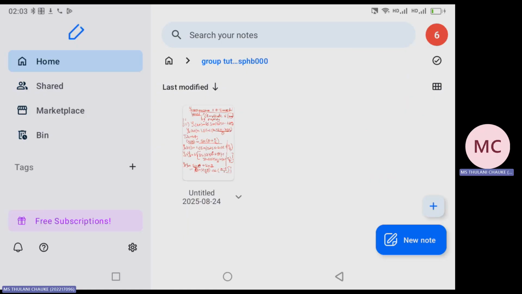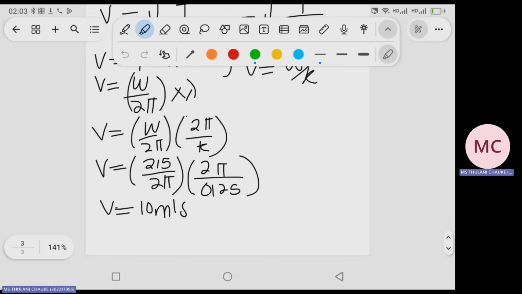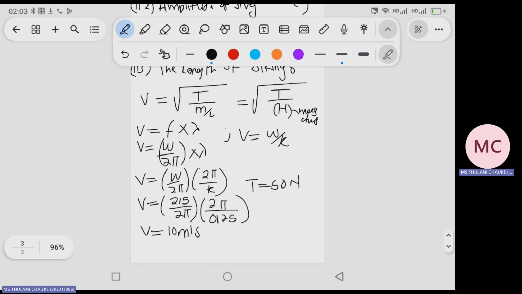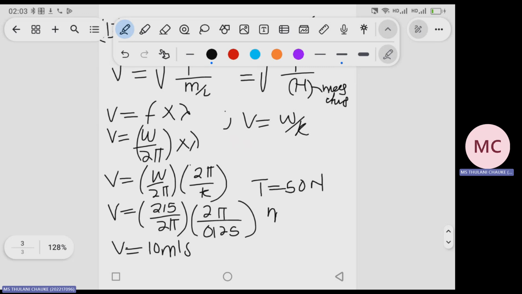So we know the tension of our string is 50. So T we already know it. T is 50 newtons of our string. So the only thing left for us to substitute, and the mass was given as well, is 3 kg.